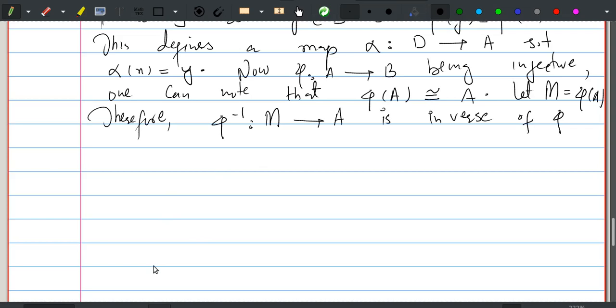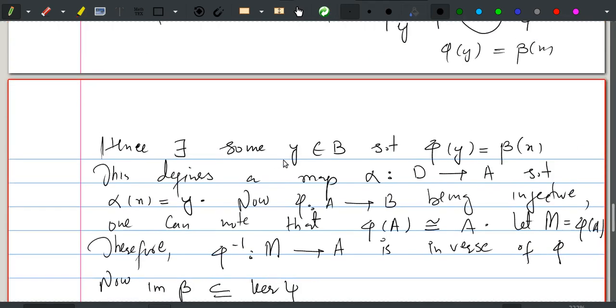Now let us look here. Now the image of beta is contained in the kernel of psi. Actually they are equal, so if they are equal, I mean, the image of beta is contained in the kernel of psi.